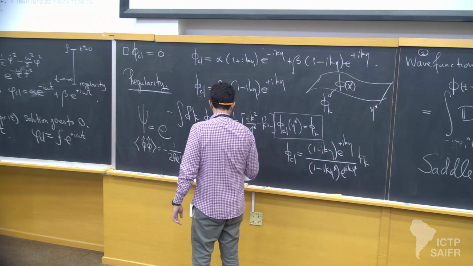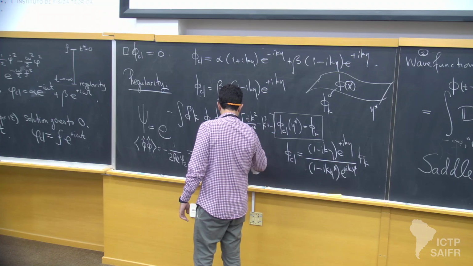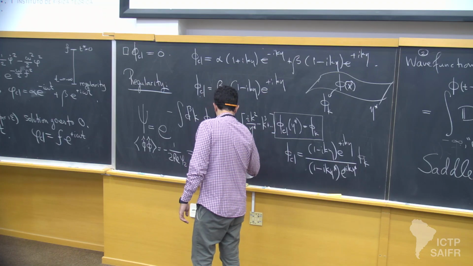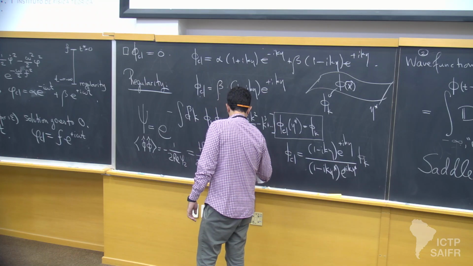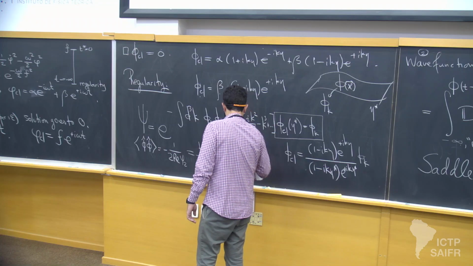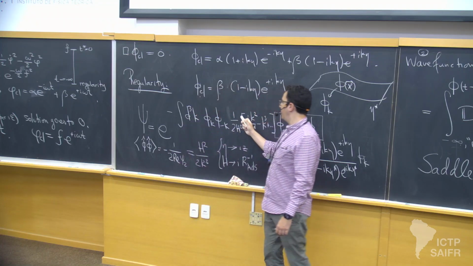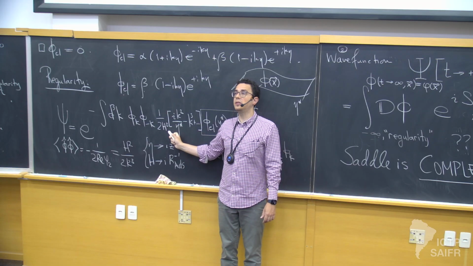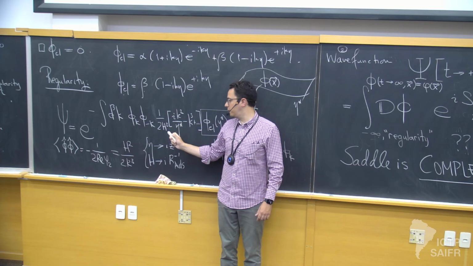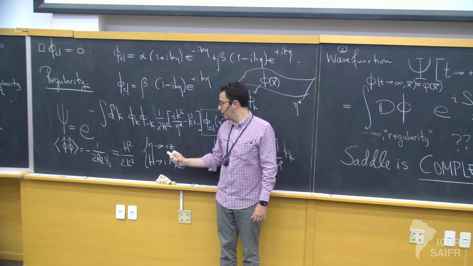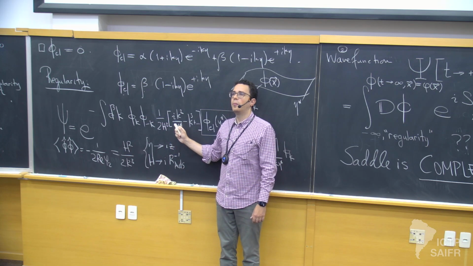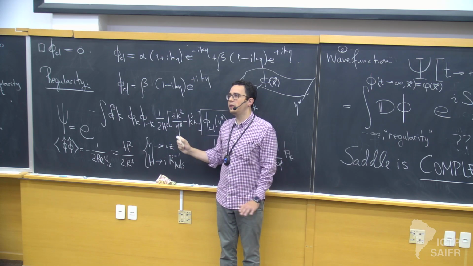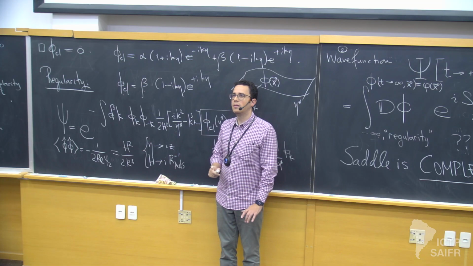You send eta to i z and H to i over R_AdS. So this phase becomes pretty real. It seems that the partition function of the CFT with this scalar boundary condition, with this Dirichlet boundary condition, is blowing up.